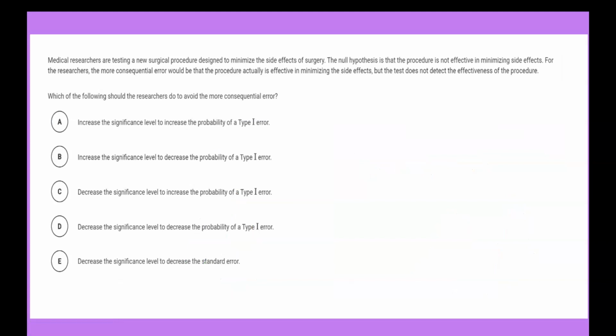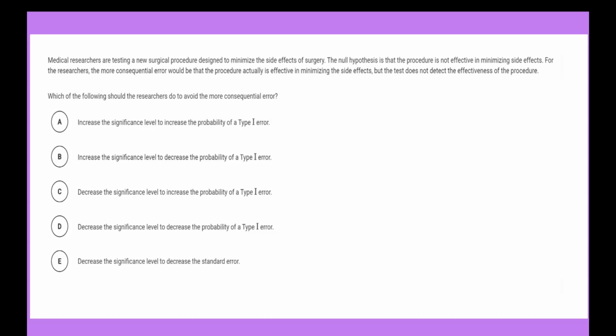So let's go through a multiple choice question that you're going to have similar problems to. Medical researchers are testing a new surgical procedure to minimize the side effects of surgery.